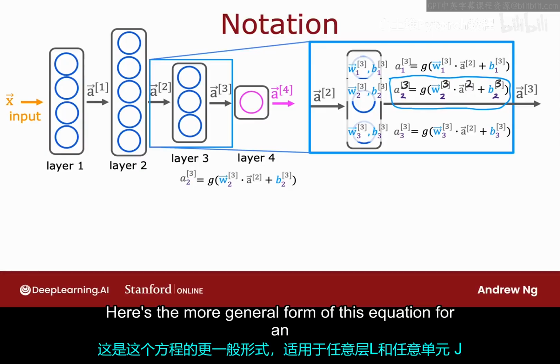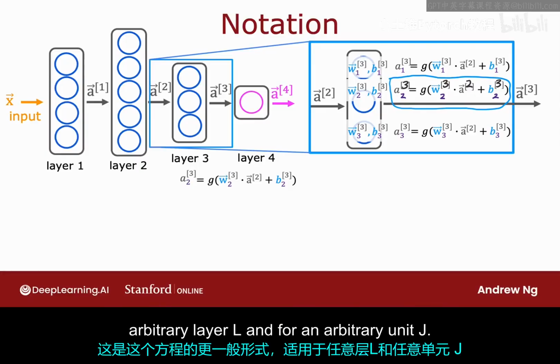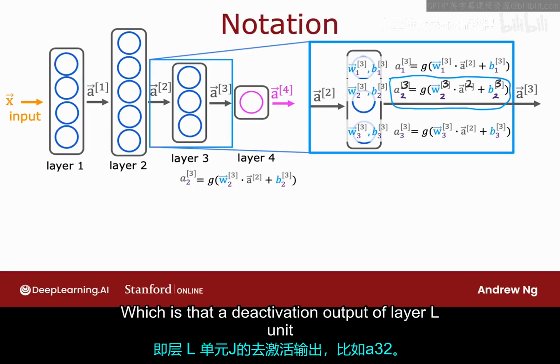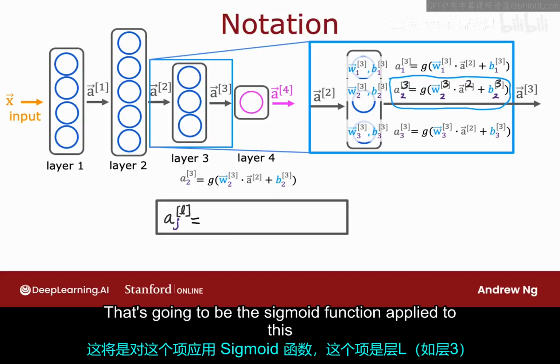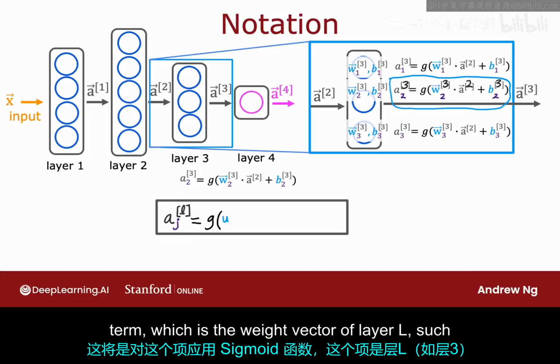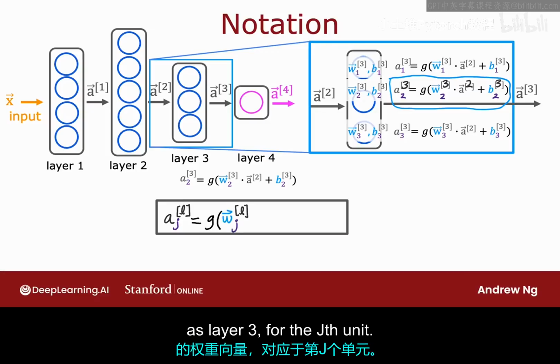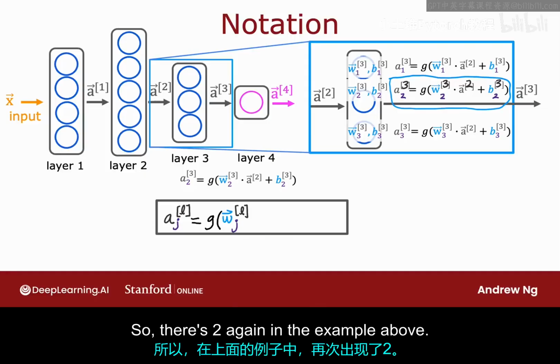Here's the more general form of this equation for an arbitrary layer l and for an arbitrary unit j, which is that a, the activation output of layer l unit j, like a[3]_2, that's going to be the sigmoid function applied to this term, which is the weight vector of layer l, such as layer 3, for the jth unit. So that's 2 again in the example above.